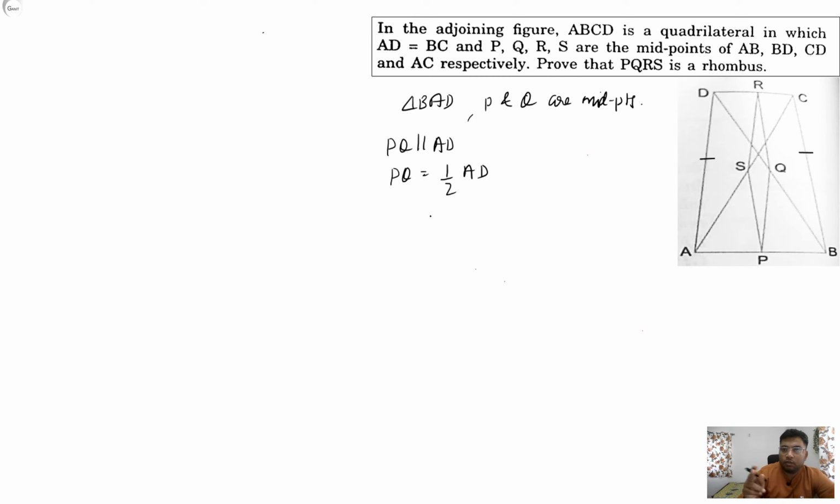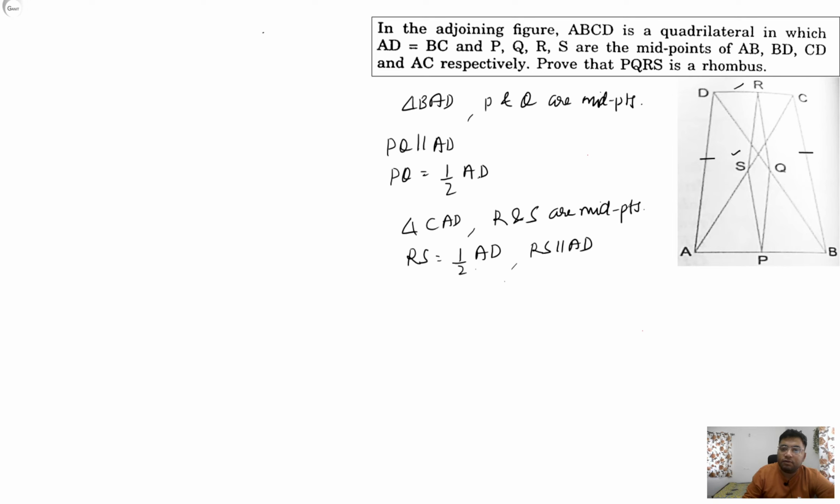Now, you can also see in triangle CAD, you will observe that R and S are the midpoints of the sides CD and CA. So I will write it here: R and S are the midpoints. So I can say that RS is equal to half of AD, and RS is also parallel to AD.